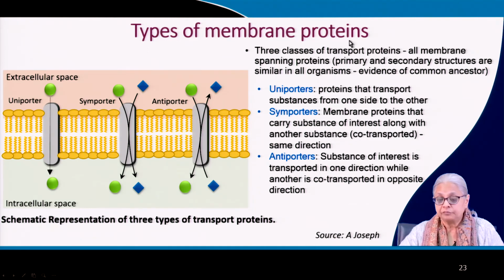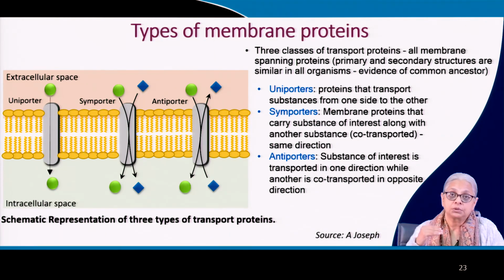One interesting fact, again part of evolution, is that primary and secondary structures of all transport proteins are the same. So if you remember, when we looked at proteins, we looked at primary, secondary, tertiary and quaternary structures. So at the primary and secondary level, all organisms have the same proteins.